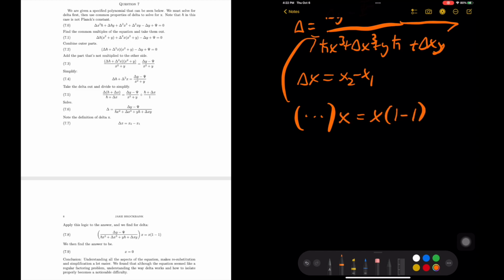Because it doesn't matter. x2 and x1 in this case are the same exact thing, so it's just the same as saying x minus x, which is 0. So plugging that in, you know that that times x is 0, dividing by x gives us that x as a whole is equal to 0. So yeah, understanding all the aspects of the equation makes the resubstitution and simplification a lot easier.